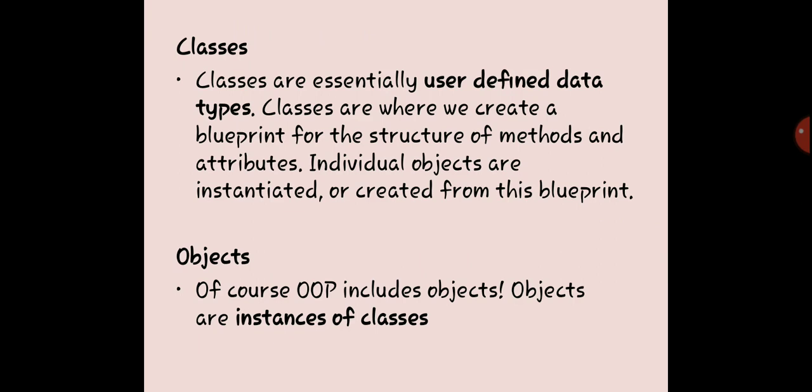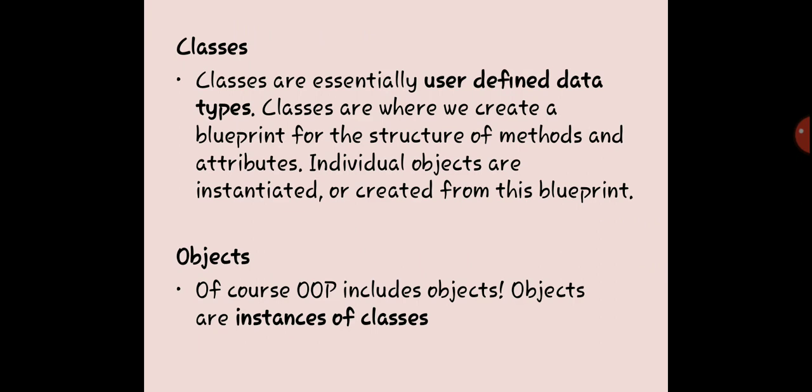Class first. Class is the container of methods and attributes, as we saw. Classes are user defined data types that I noted earlier. So what is called a user defined data type? A variable can be created using a data type.